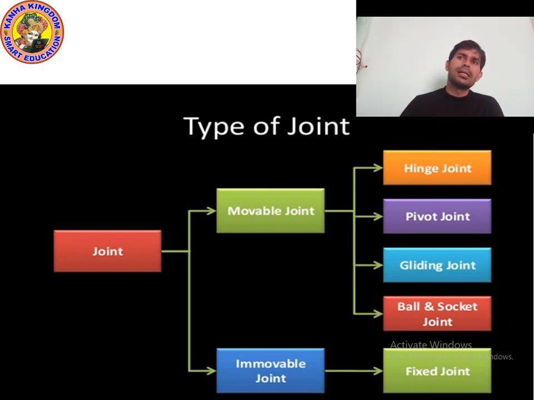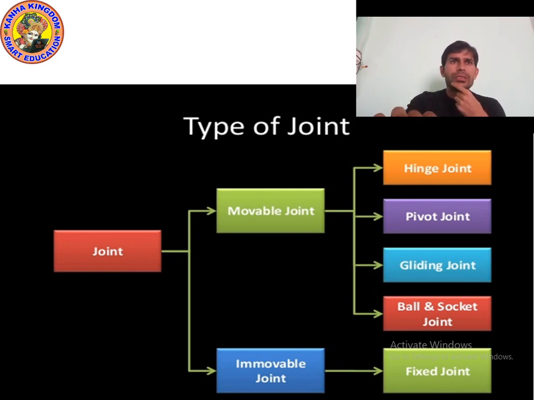So these are the joints. We will study all of these. Ball and socket joint is found in our shoulder.